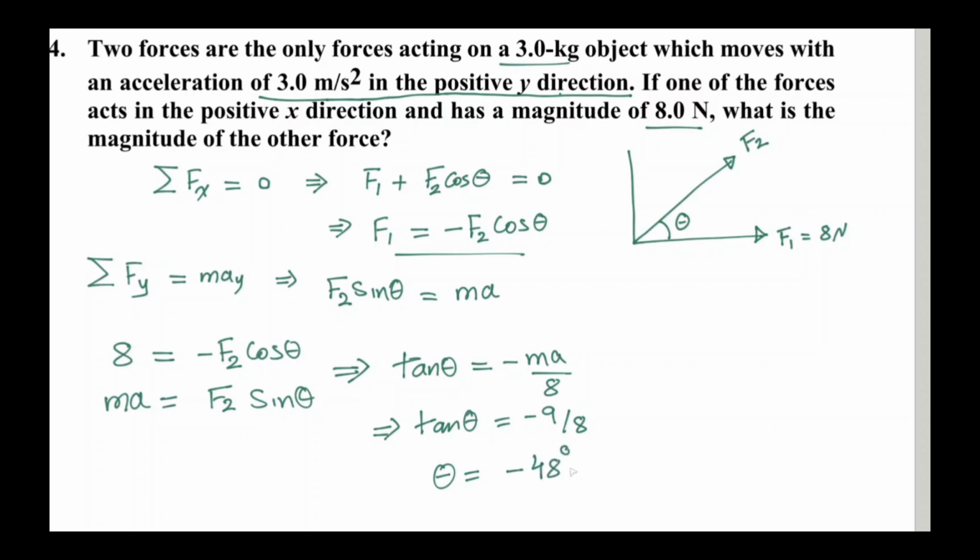You substitute this theta in one of these two equations, you will find that F2 equals 9 divided by sine minus 48, or in other words, F2 equals minus 12.16 newtons.